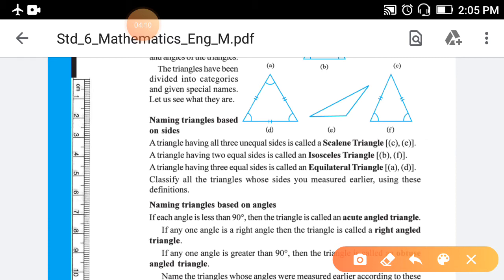All 3 sides are different in length. You can check here, I have drawn one triangle, all 3 sides' lengths are not the same, so that is a scalene triangle. Second one, a triangle having 2 equal sides is called an isosceles triangle. So these 2 sides are the same.